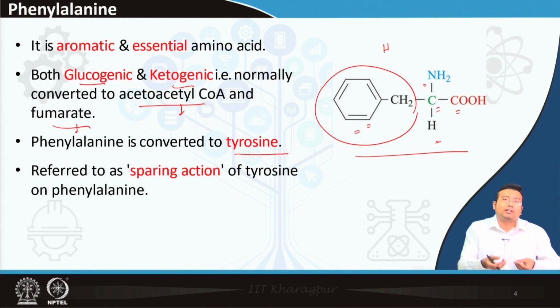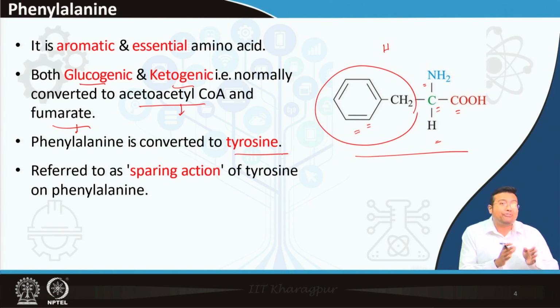Since phenylalanine is converted to tyrosine in our body, you can sense by now that tyrosine is not an essential amino acid. It means if we have enough phenylalanine in the diet, tyrosine will automatically be synthesized. And the reverse is also true.